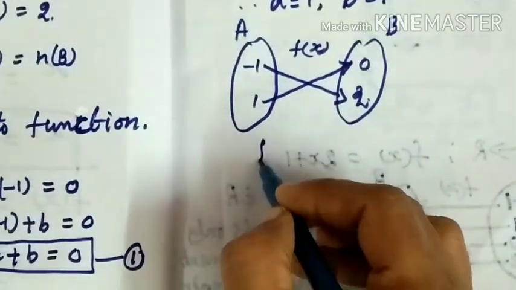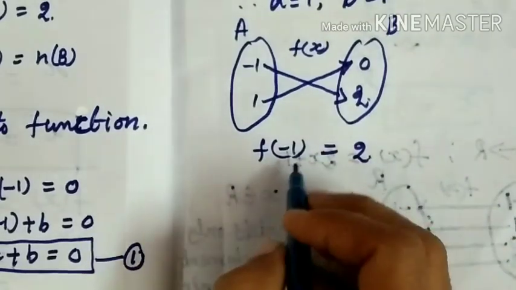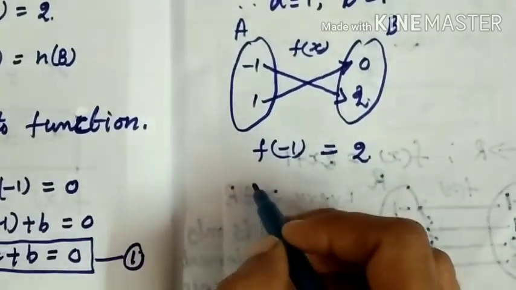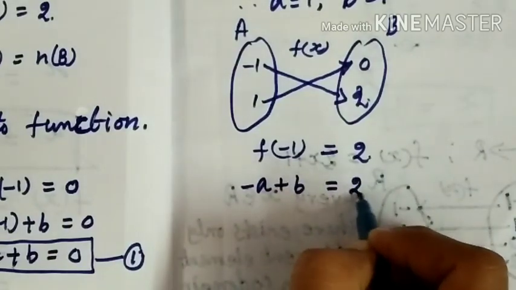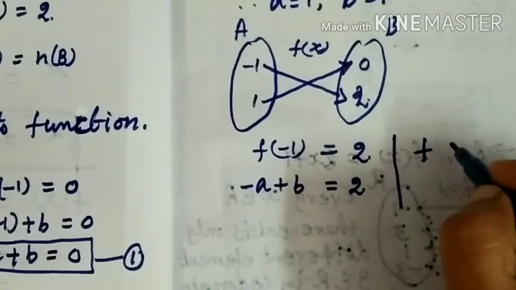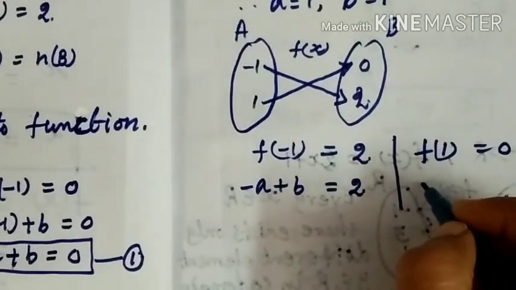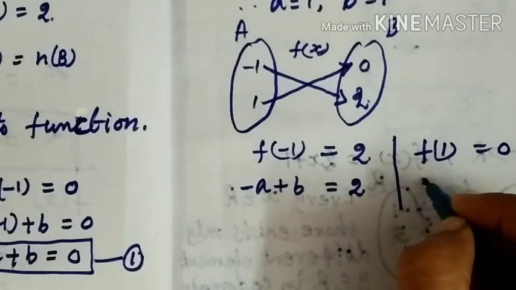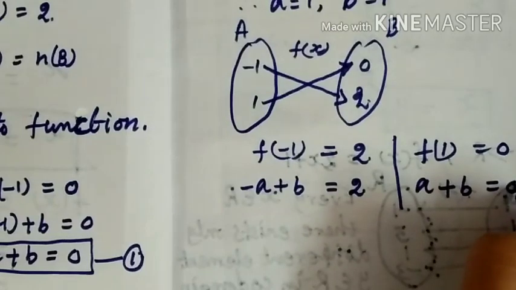That is f of minus 1 equal to 2. Instead of x you apply minus 1, we get minus a plus b equal to 2. Then f of 1 equal to 0. Then a plus b equal to 0.